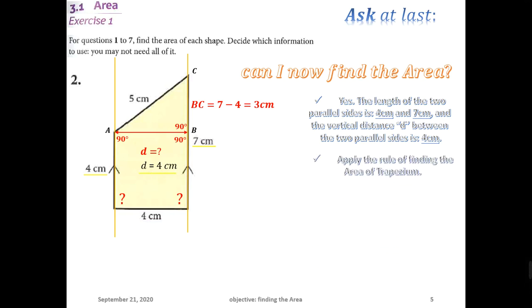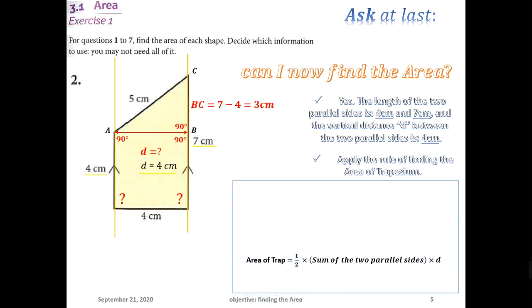So apply the rule of finding the area of trapezium. What is the rule? Area of a trapezium is equal to 1 over 2 times, in brackets, the sum or the addition of the two parallel sides times the distance between the two parallel sides.